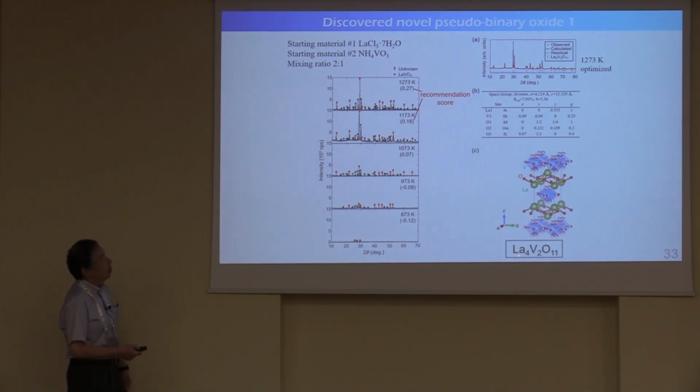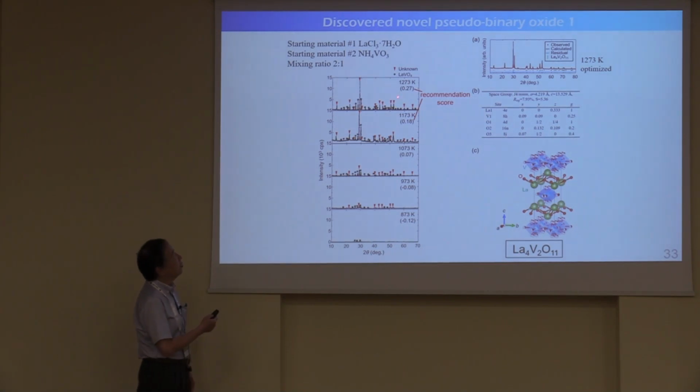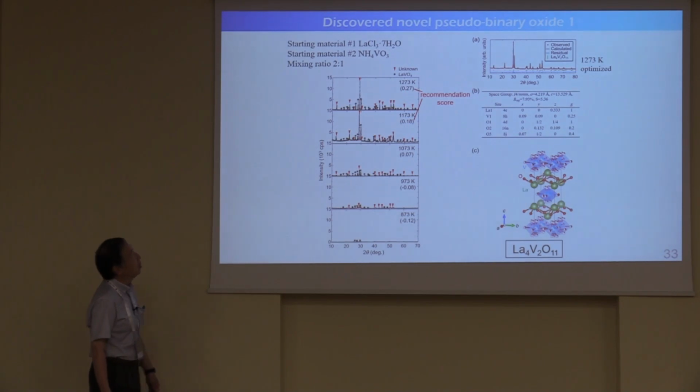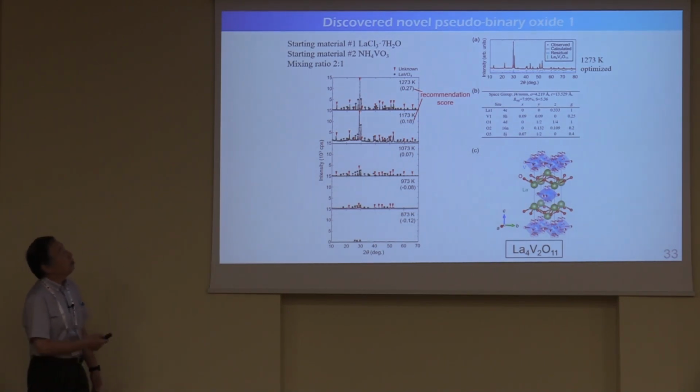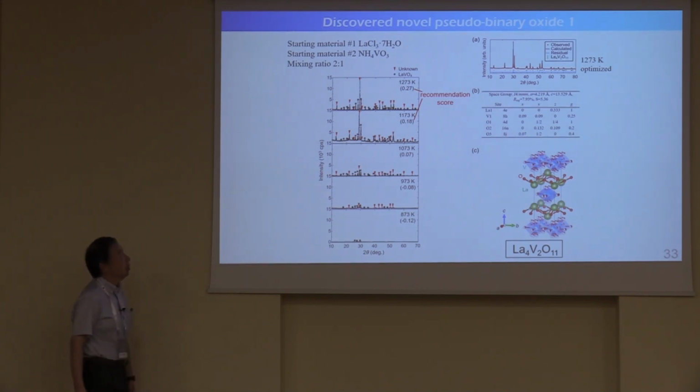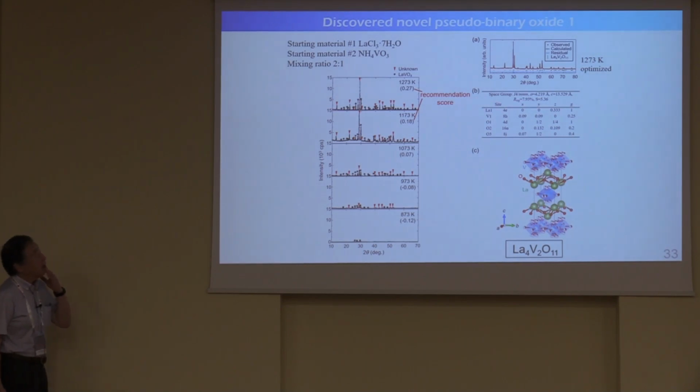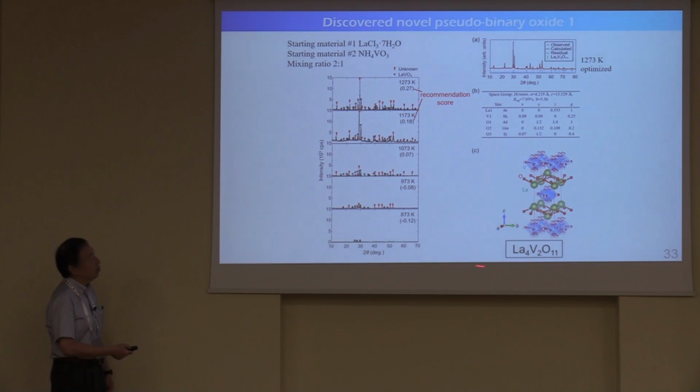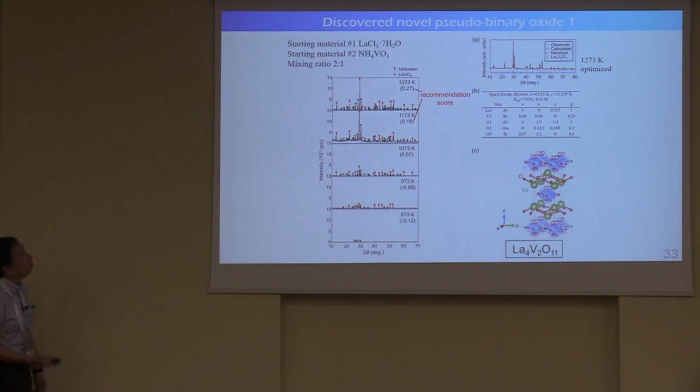For this lanthanum vanadium oxide, the recommendation score was something like 0.27 or 0.19. It is not extremely high, but with this condition, we were able to find something new, not yet reported, and we succeeded in synthesizing and also characterizing this material.